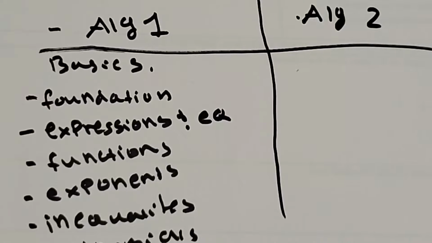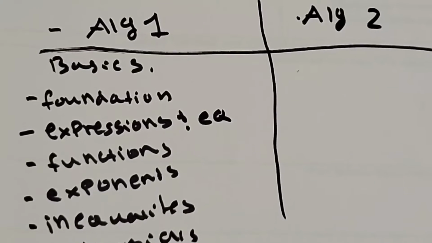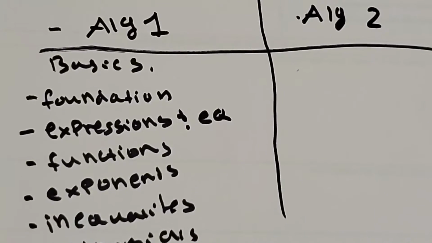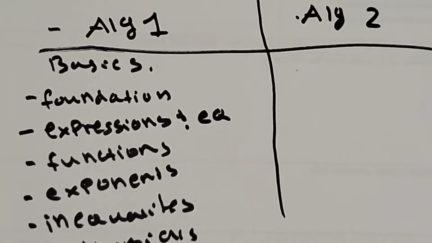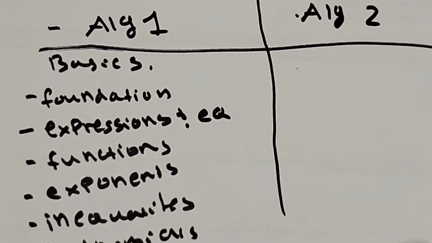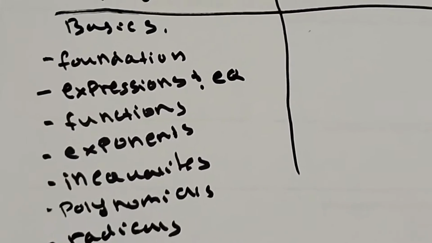So for the channel, I'll be splitting this into Algebra 1 and Algebra 2, or introduction to algebra and intermediate algebra, if you're in college. Algebra 1, even though it's pretty lengthy, we'll cover just the most basic ideas, and split the rest into Algebra 2.